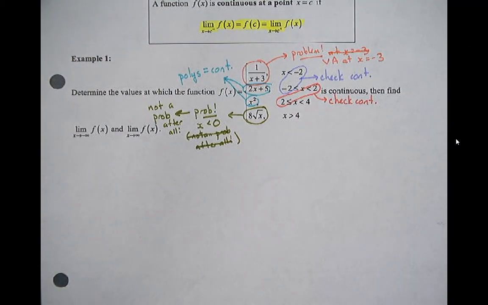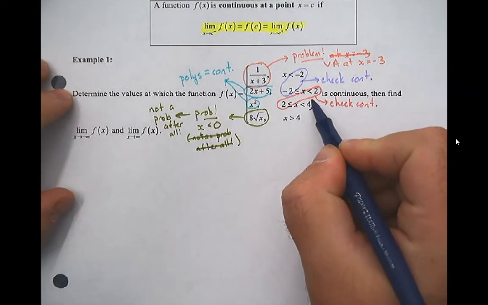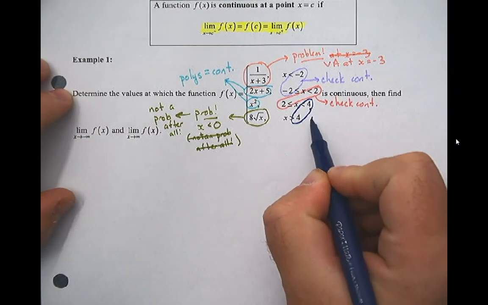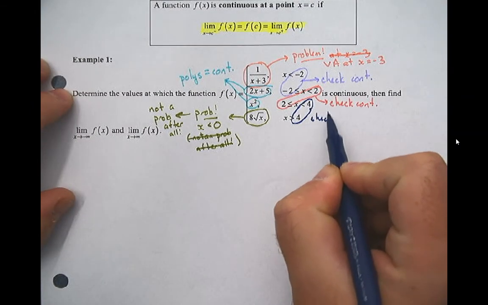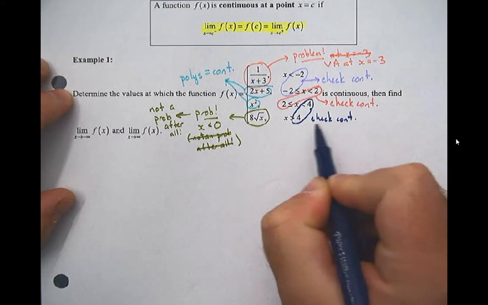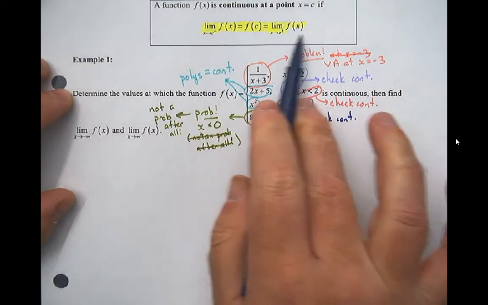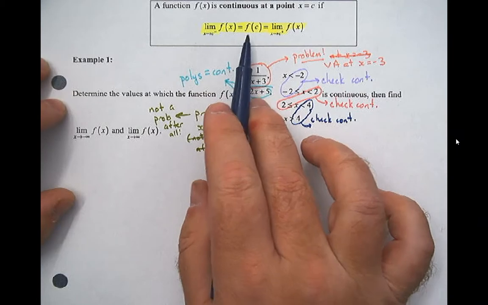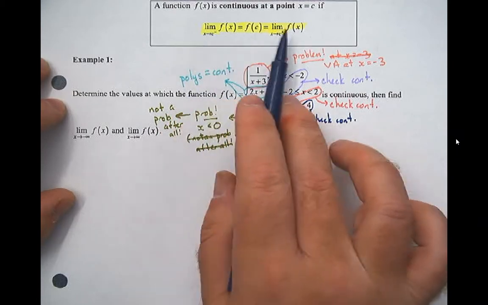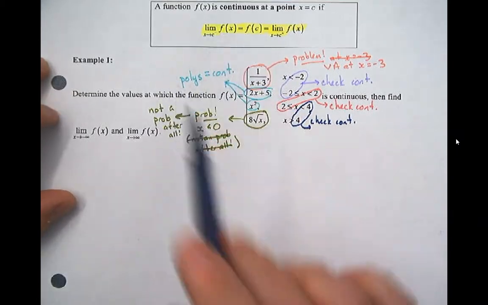And when my x transitions from 4 to 4, we need to check continuity. And how do we check continuity? Well, that's this statement up here. I need to prove that the point exists, that the one-sided limits are equal, and that the point equals the limit.